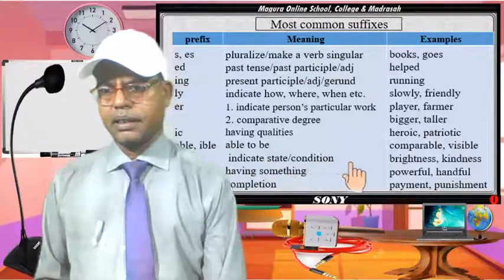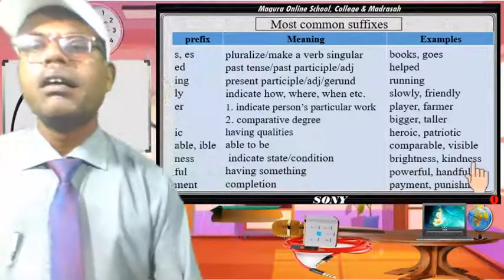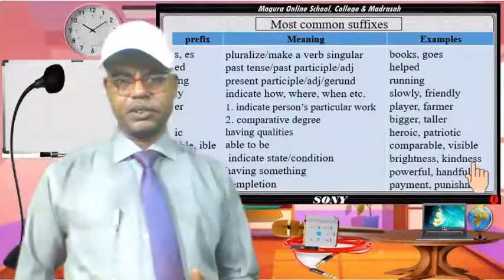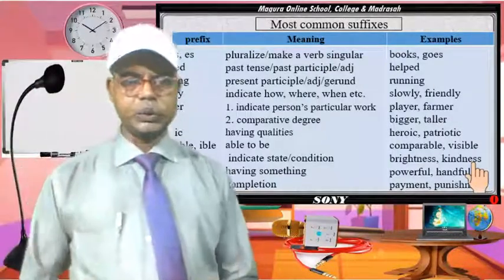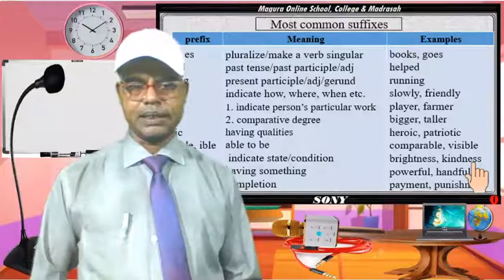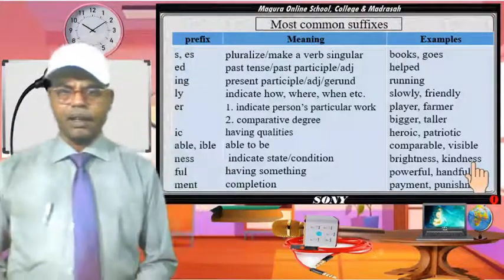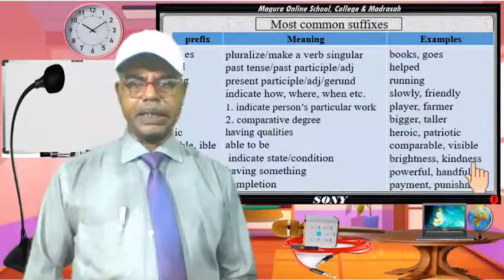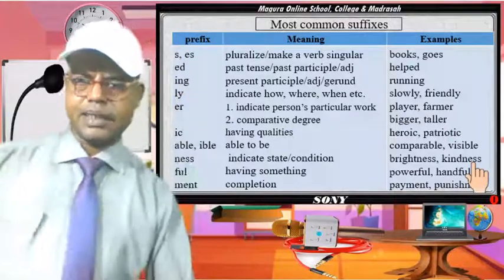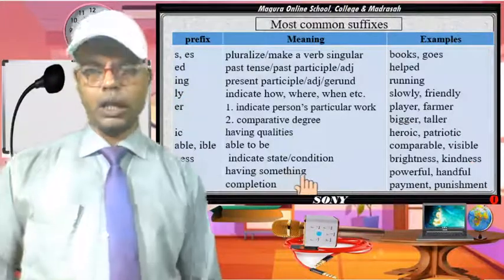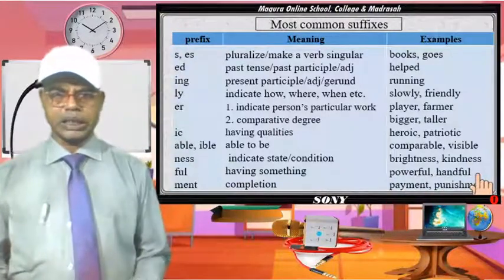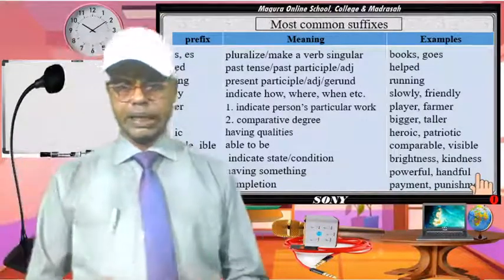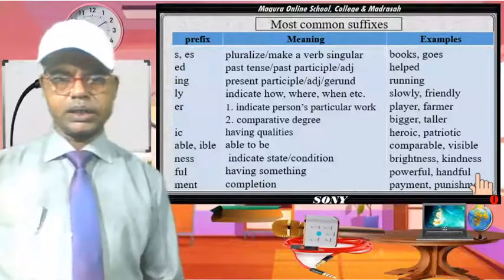Then ness, generally to make a noun we use ness, such as happiness, kindness, something like that. Ful, generally to make an adjective we use ful at the end of the word.